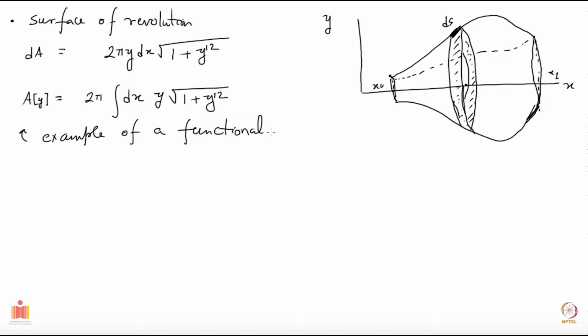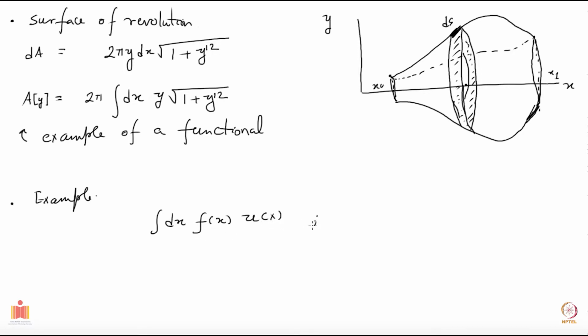Okay, I'll give you one more example. Suppose I give you an integral over one variable, dx f of x times some u of x, where I will specify f of x for you.